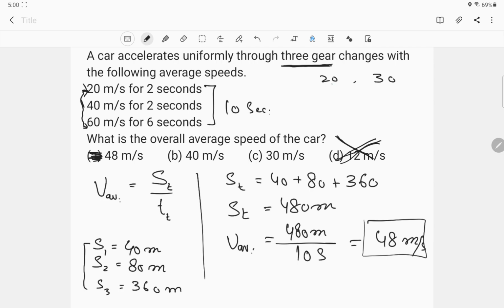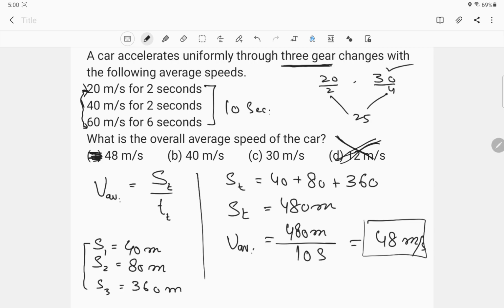If the body traveled 2 seconds for this, 2 seconds for this, then the average velocity should be 25. But if the body traveled 2 seconds for this and 4 seconds for this, now the velocity should be near to this one, means near to 30.